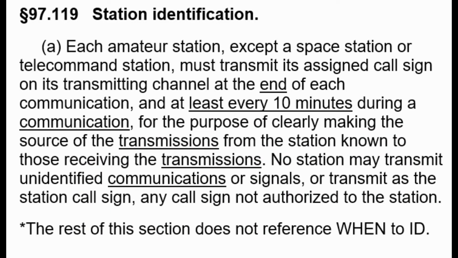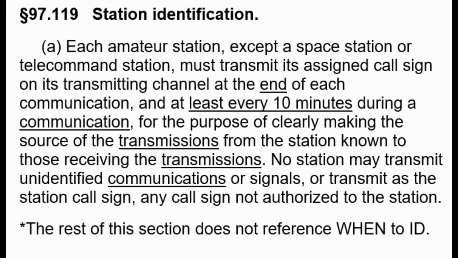All right, let's get into what the rules actually say. Let's start off with Part 97, Section 119, Station Identification. This is for amateur radio. This section is a little easier to understand than the GMRS.